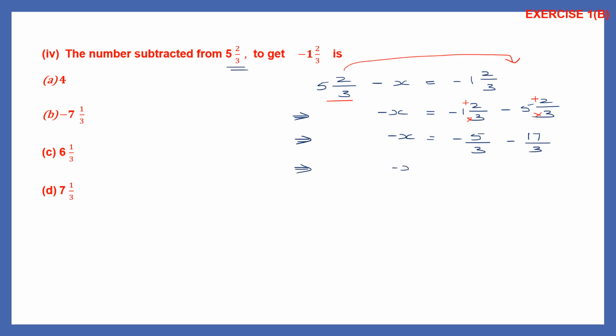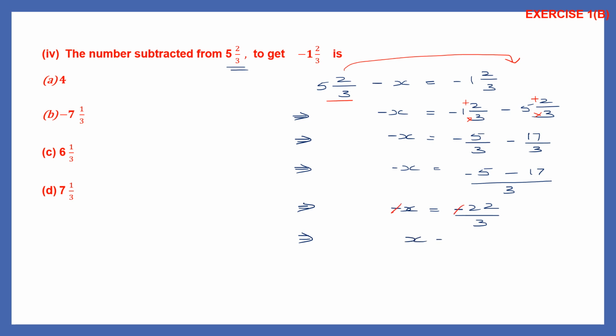Continue. Minus x is equal to, now here the denominator is the same, which can be taken as LCM. So the numerators also will be the same, minus 5 minus 17. So minus x is equal to minus 5 plus 17 is 22 by 3. Now minus and minus here, minus on this side and minus on that side, you can cancel.